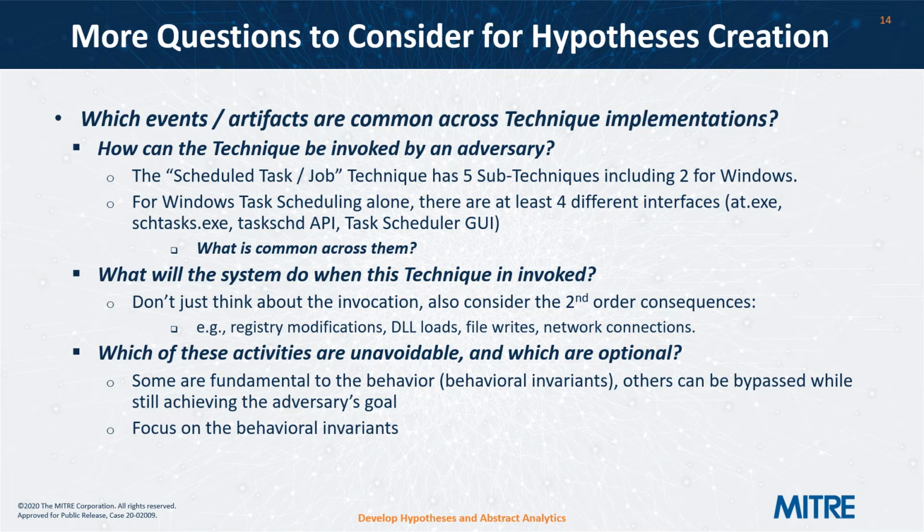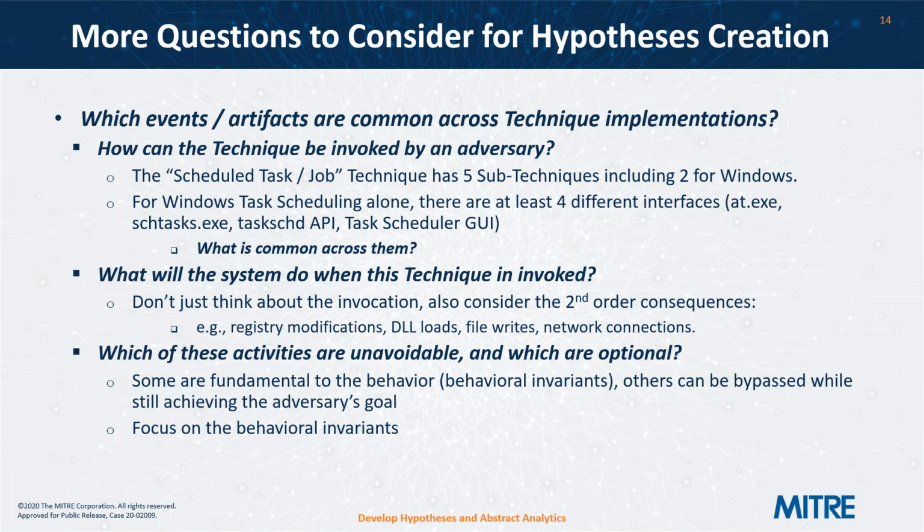For all of these actions, the invocation methods, the core behavior, and the second-order effects, what are the unavoidable events and which are optional? Now, this touches on a core concept of TTP-based hunting. We should seek and capitalize on those unavoidable actions associated with these behaviors to maximize the resiliency of our analytics to evasion and to help reduce data collection and processing requirements.